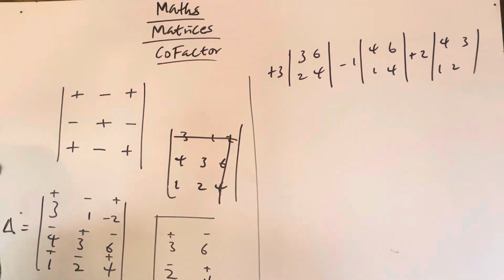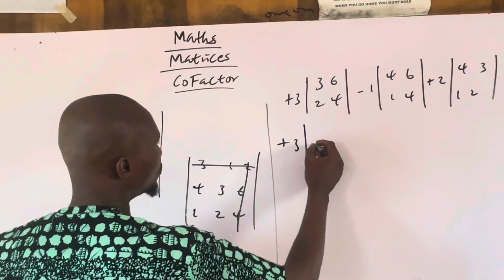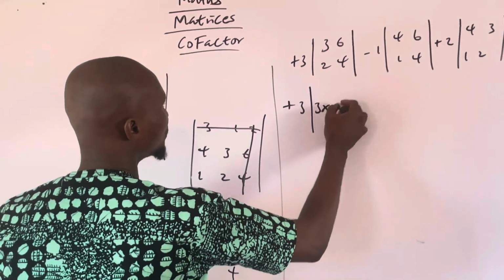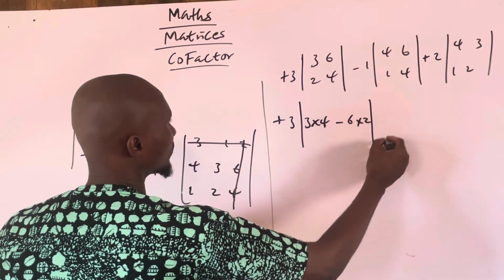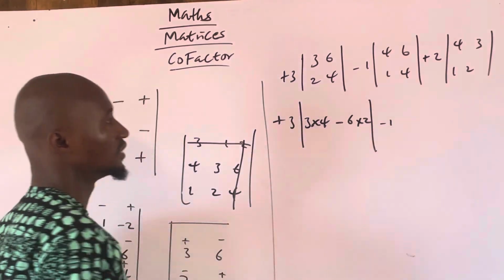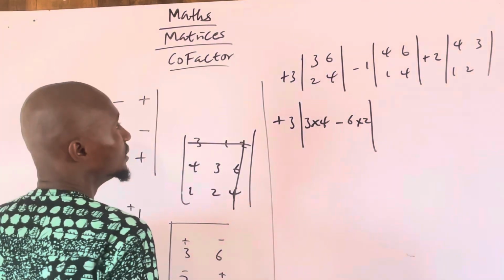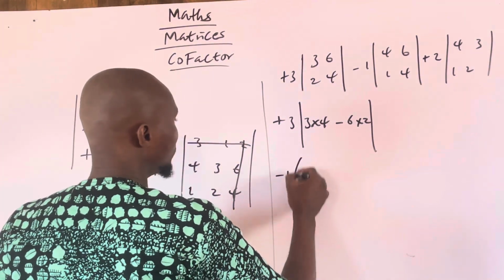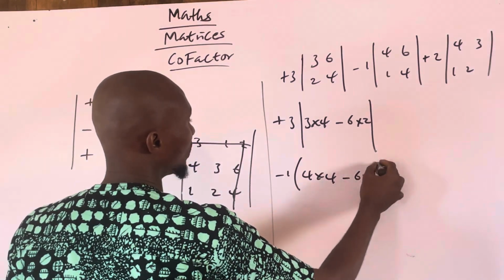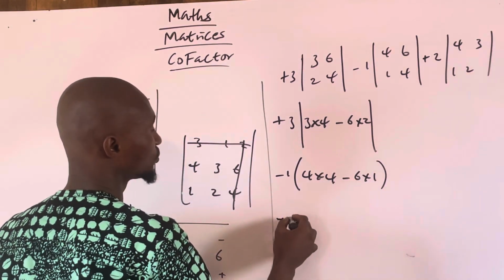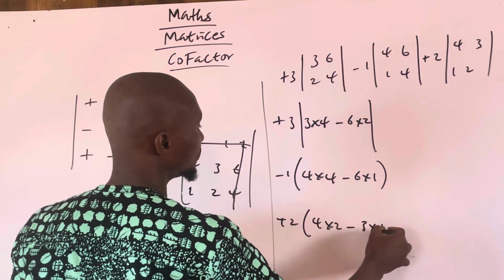So if we are to resolve this thing now, it's going to be plus 3, then this is going to be 3 times 4 minus 6 times 2. Then minus 1. Okay, let's do it separately. Then minus 1 in bracket 4 times 4 minus 6 times 1. Plus 2, we have 4 times 2 minus 3 times 1.